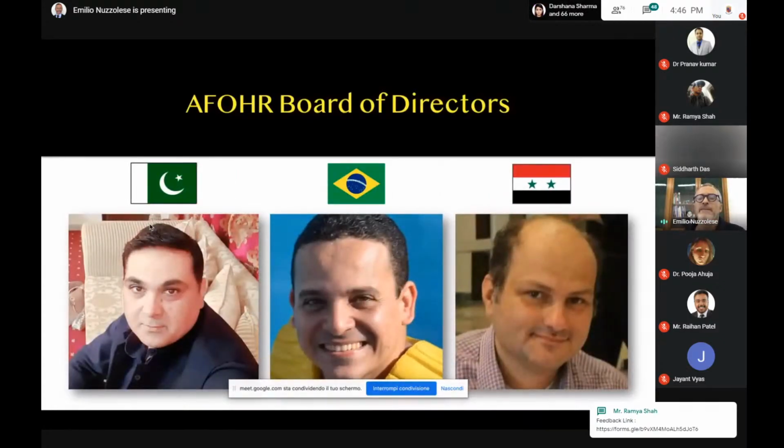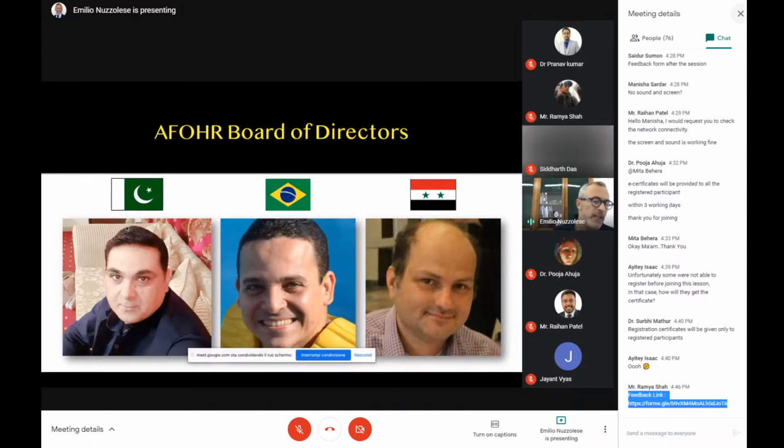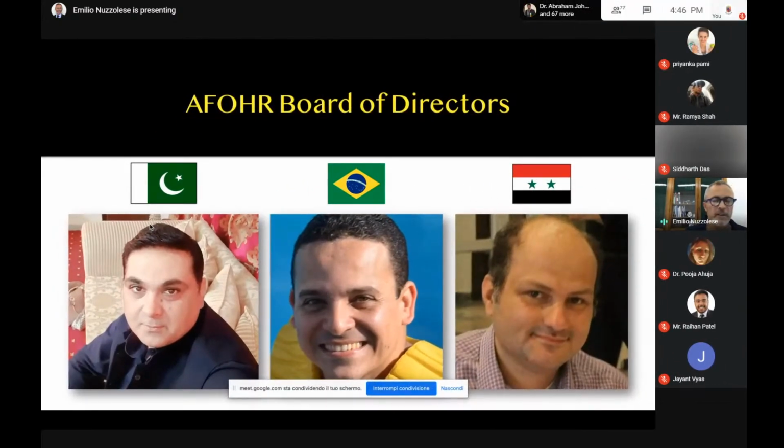We have from the right, Vasim Gupta from Syria, and we have Jadson Moraes Marques from Brazil, and we also have on the left Dr. Timur Baig, who was involved in the DVI of one of the unfortunate flight crashes in Pakistan a few months ago.